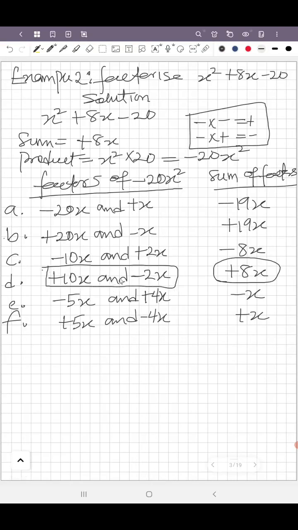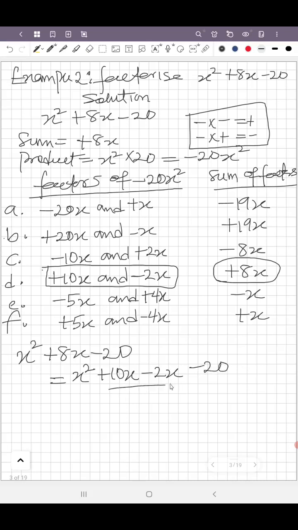So you pick these two values, telling us that x² plus 8x minus 20 is equal to, instead of writing x² plus 8x minus 20, you will now write x² plus 10x minus 2x minus 20, because these are the two that brought plus 8, and by the time you add them together, it will give you plus 8.